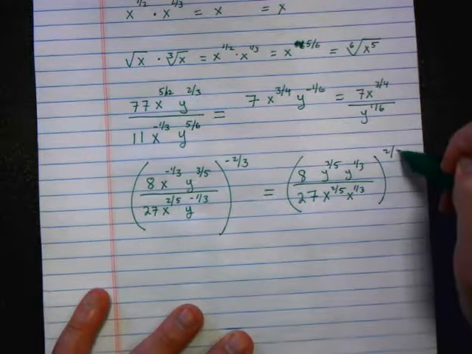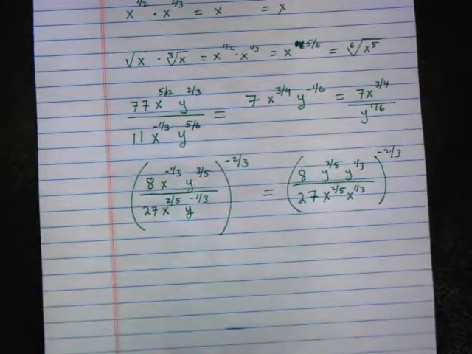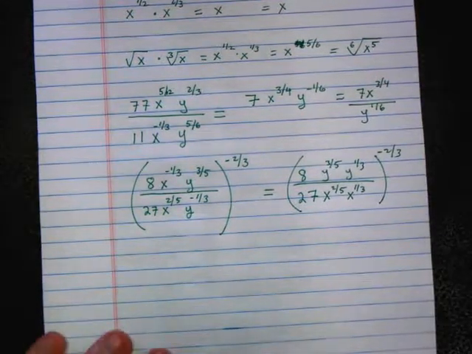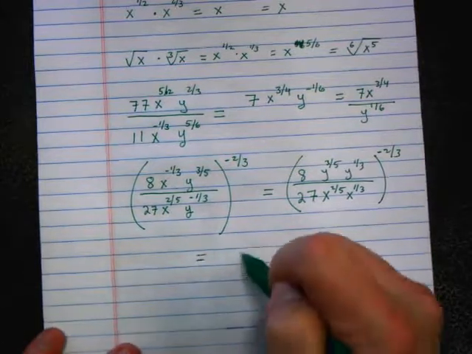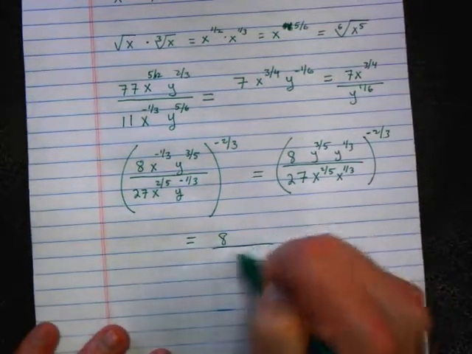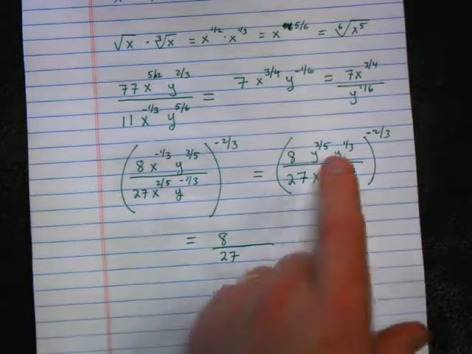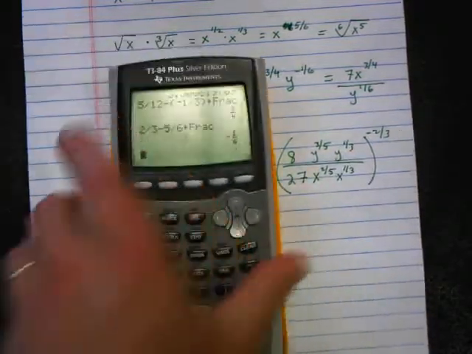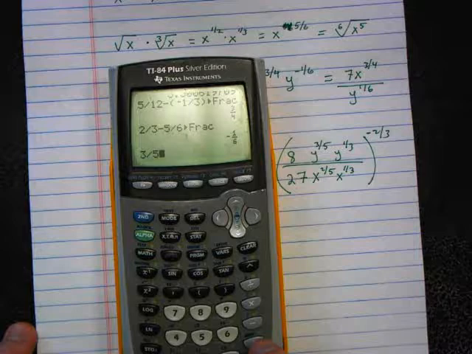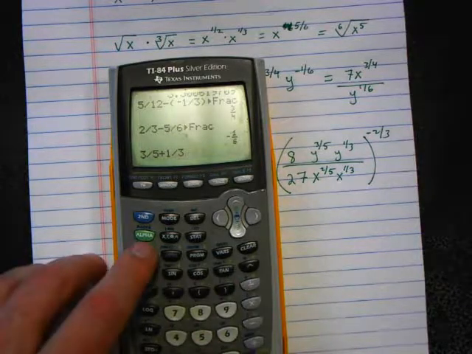And I still have an exponent of -2/3 outside of the whole great big thing. So now I deal with my things here. This is 8/27. My y's, I add my powers: 3/5 plus 1/3.